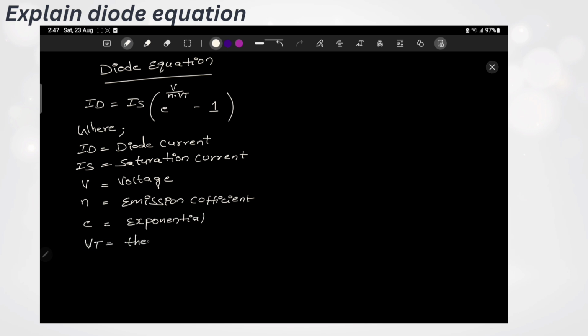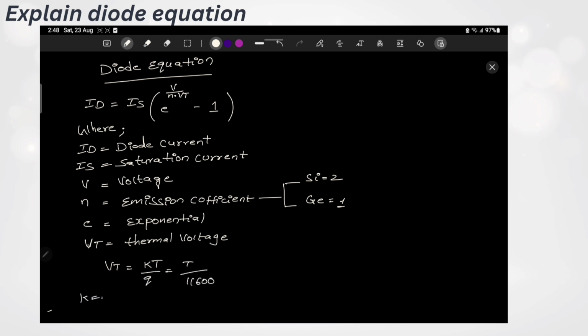Vt is the thermal voltage. There is a formula to find the thermal voltage: Vt = kT/q, that is the Boltzmann constant times the temperature divided by the charge of the electron. In kT/q, k is the Boltzmann constant, T is the temperature and q is the charge of the electron.